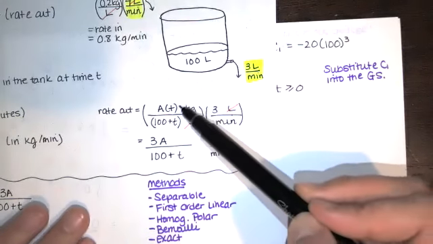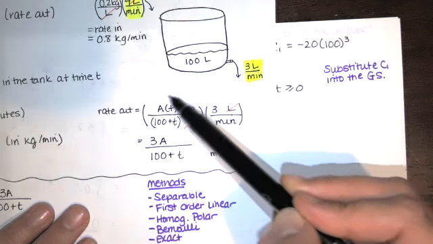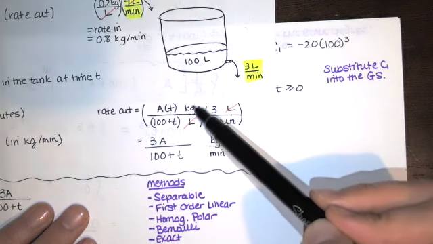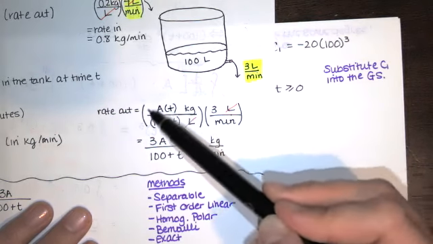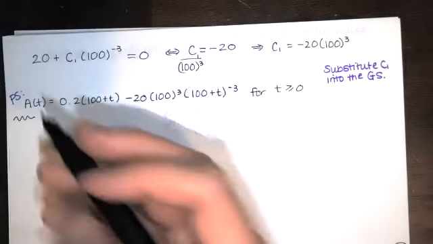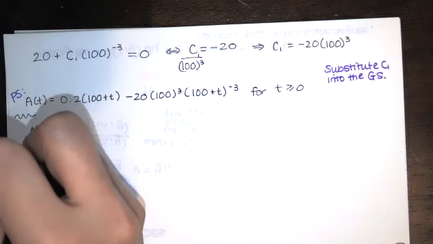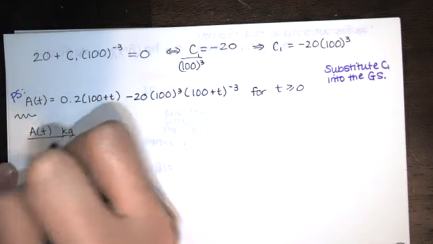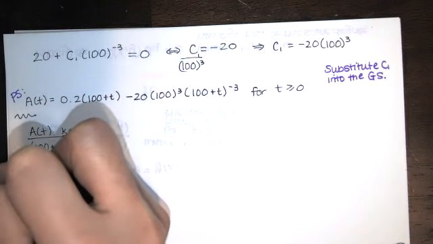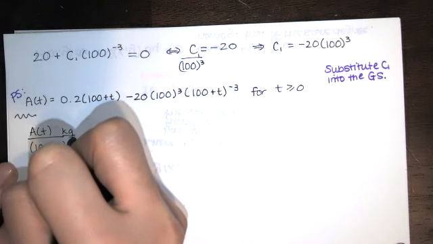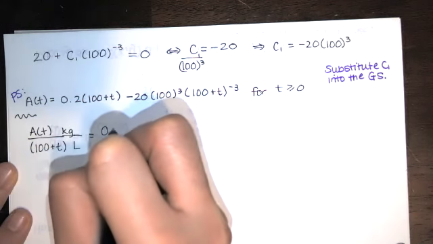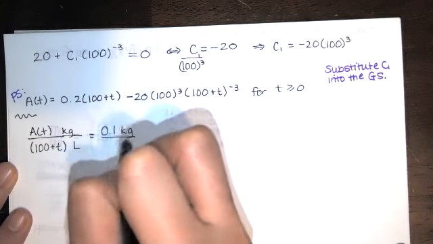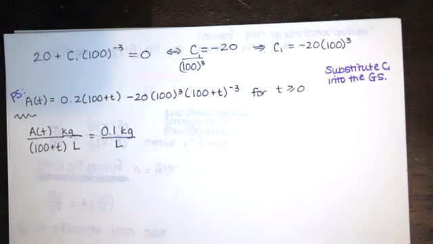The concentration is the amount of salt in the tank per liter in kilograms per liter. The amount of salt in the tank is A of T. And the number of liters in the tank turned out to be 100 plus T liters. And we want to know, when is that equal to 0.1 kilograms per liter?